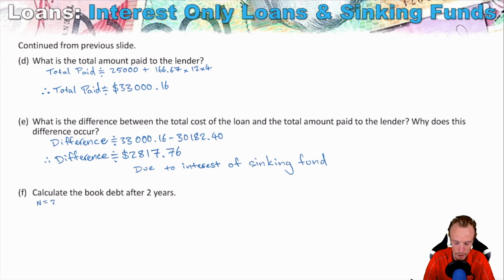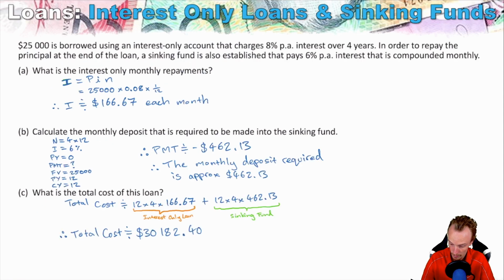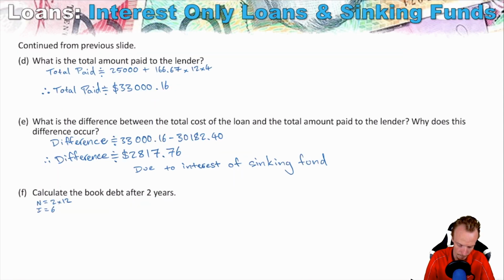So it's 2 by 12, because the sinking fund was compounding monthly. And you've got to be careful, sometimes it compounds differently to what the interest-only loan is operating at. What was the interest on this one? 6%. The present value was 0.